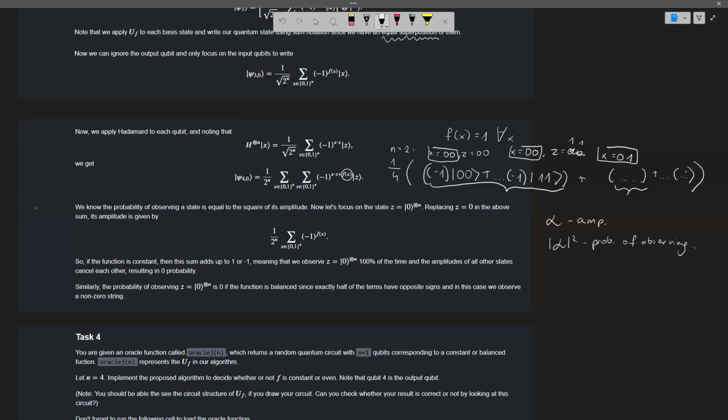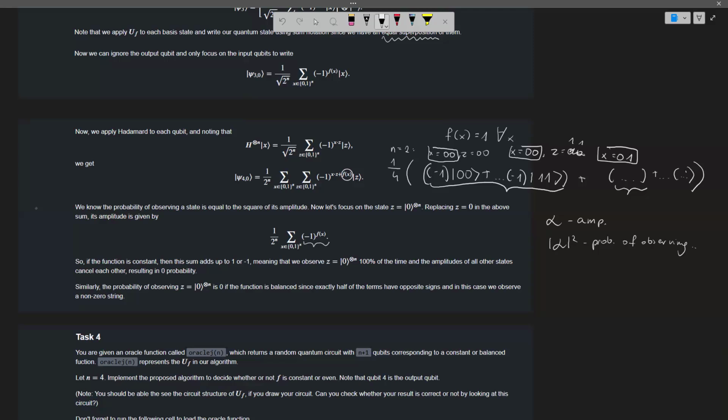And so the amplitude now will just say f of x, because z is equal 0, so this will cancel out. And here is the state. So we're looking at the probability corresponding to the state, so we don't use it. And well, this will be the formulation of it.